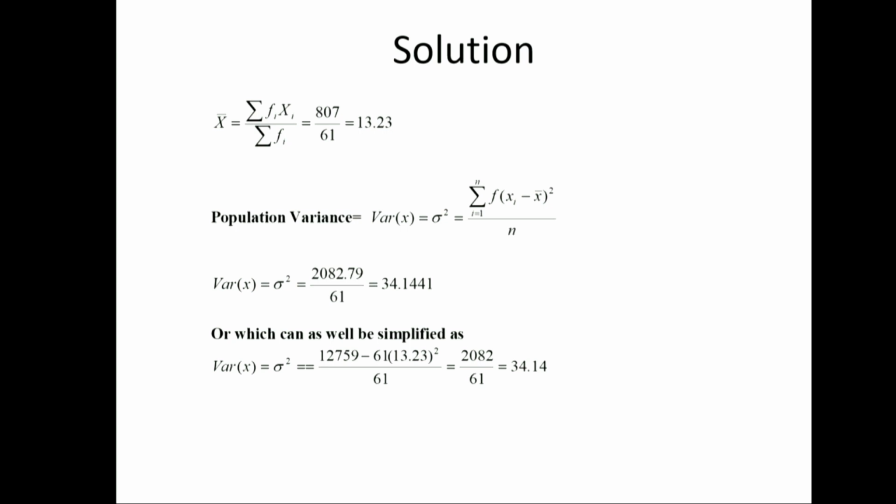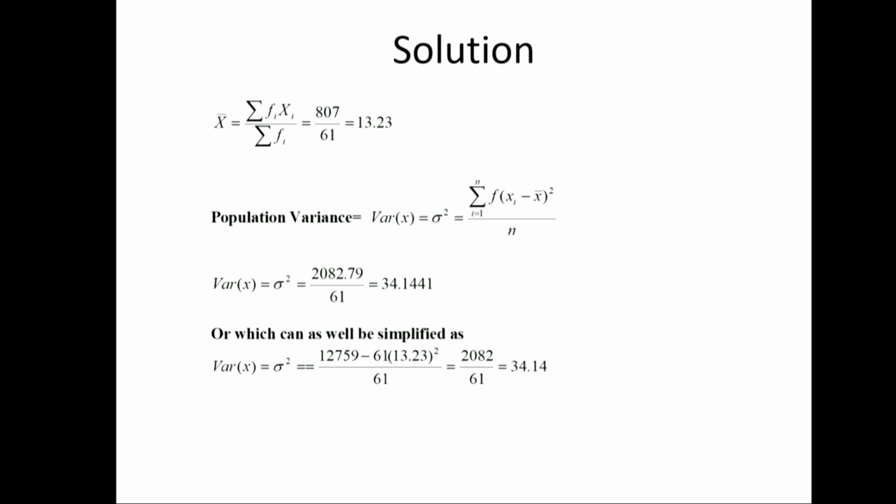Let's look at that on the expression. So you can see that the S bar is sum of Fx all over the sum of F. I've told us the sum of F is the same as our N, the total frequency. So we have the mean to be 807 divided by 61, and that will give us 13.23.